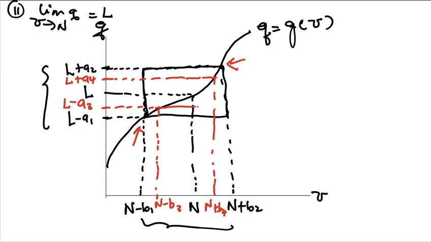If we join it, you get another rectangle, and you can clearly see that this second rectangle is smaller. So what I'm trying to say is that you can always get different neighborhoods for L and N, and you can get smaller and smaller neighborhoods, so that it can be verified that for every value of V in the neighborhood of N, there is a corresponding value of Q in the neighborhood of L.